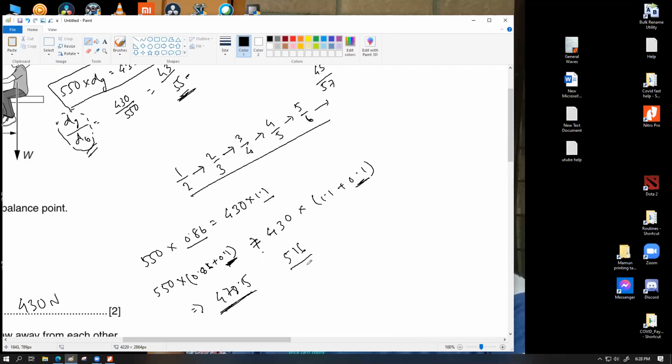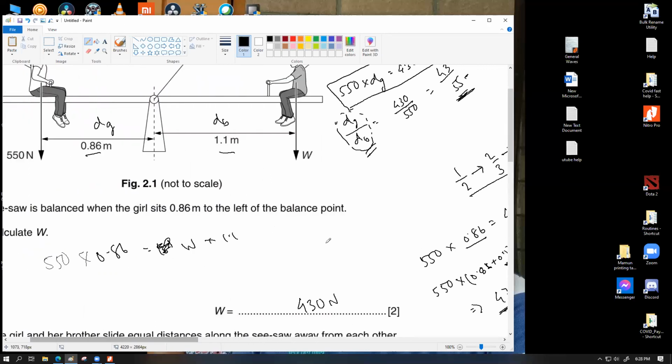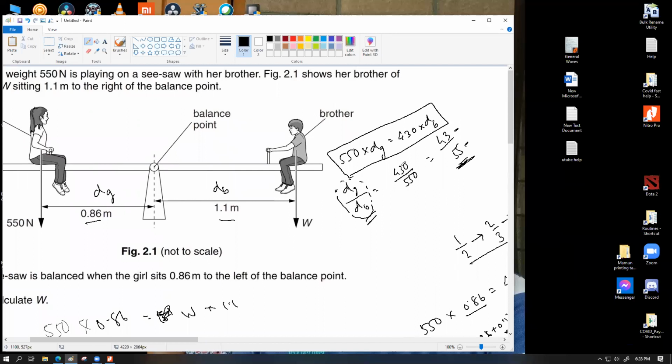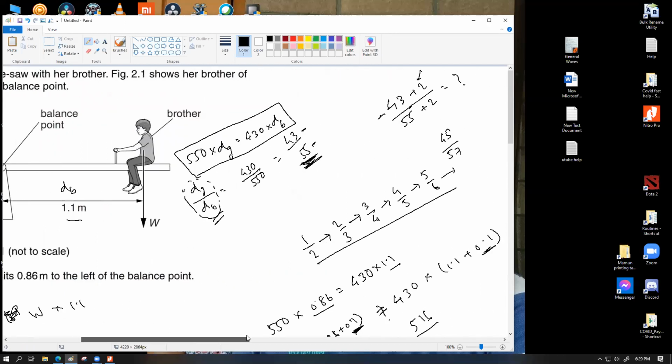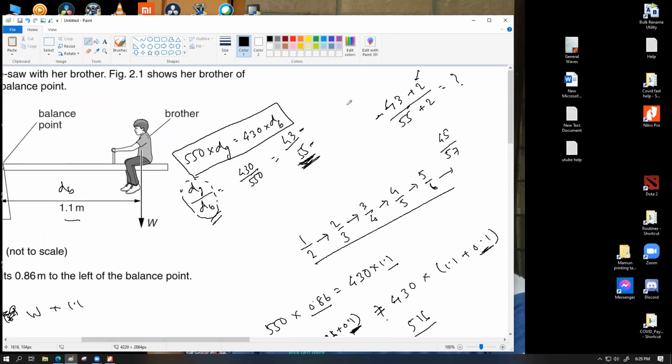If you wonder why this is happening, the reason is pretty simple. For the equilibrium to exist, these two things need to exist in this ratio. Whenever we increase both of these values by the same amount, let's say we add 5 to both of them, we're going to get 48 by 60.